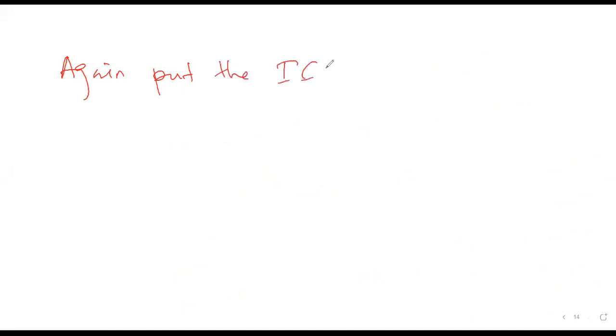We are keeping one of the functional initial conditions to find the constant b_n, but the other one is u_t of x comma 0 is equal to 0, the initial condition to take off the time derivative.